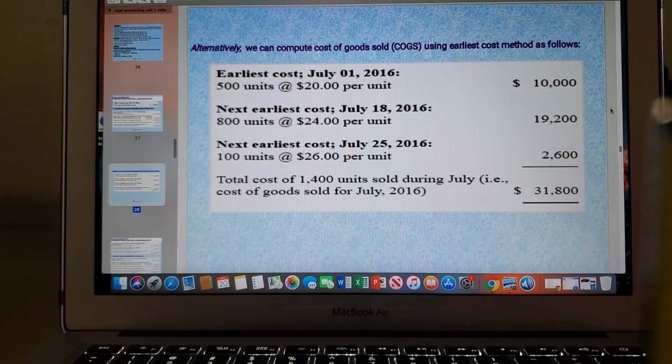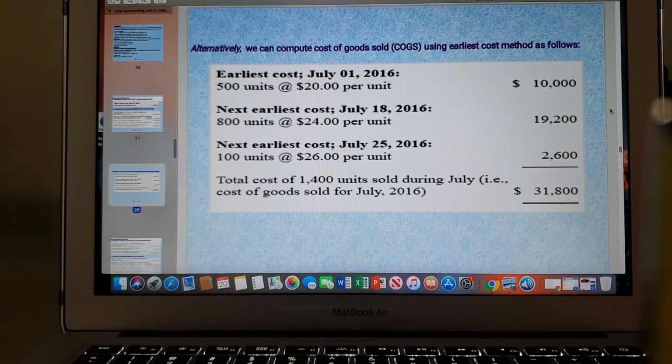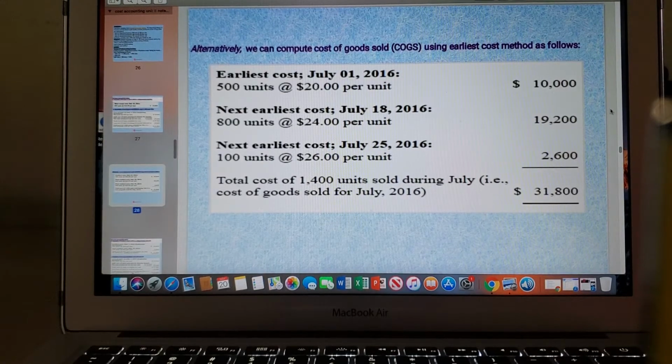Next earliest cost, July 18, 2016, 800 units at $24 per unit works to $19,200. Next earliest cost, July 25th, 2016, 100 units at $26 per unit comes to $2,600. So total cost of 1,400 units sold during July, that is cost of goods sold for July 2016, comes to $31,800.